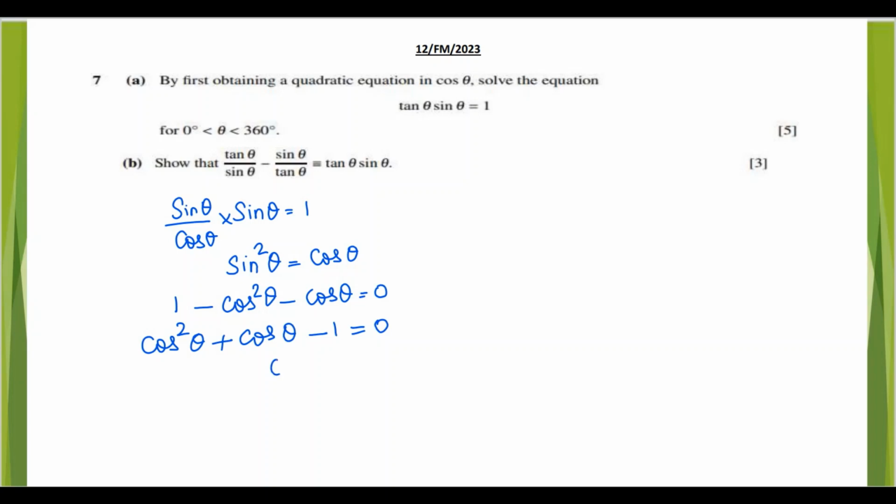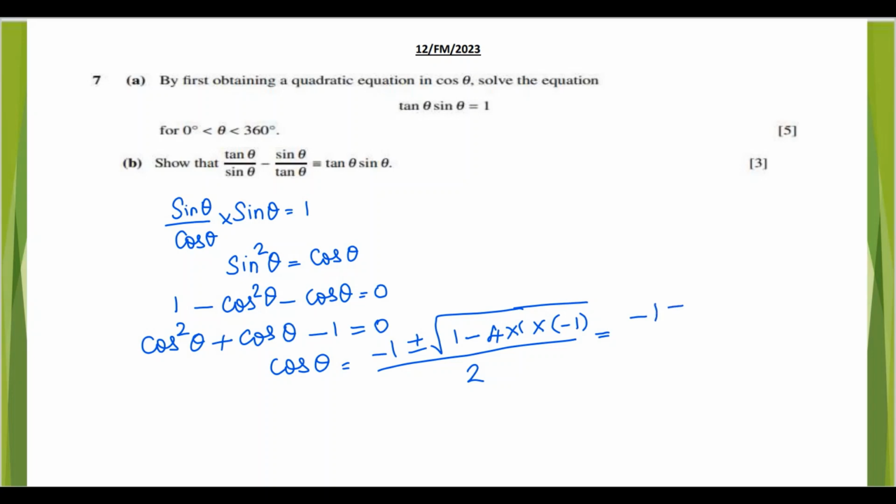So cos theta equals minus 1 plus or minus the square root of 1 squared minus 4 multiplied by 1 multiplied by negative 1, divided by 2, and this is equal to minus 1 plus or minus the square root of 1 plus 4, which is 5, divided by 2.